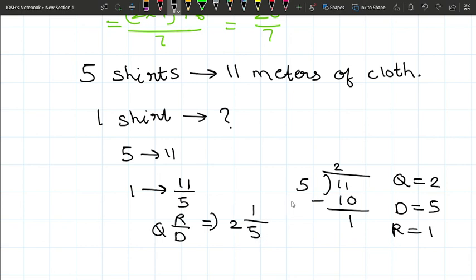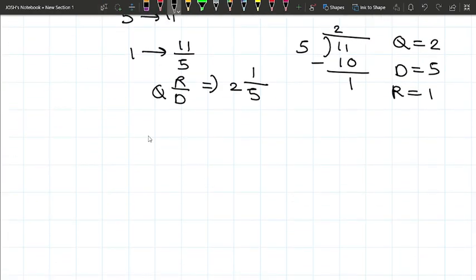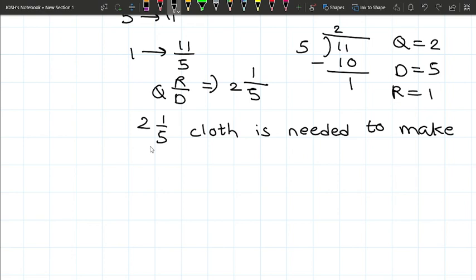So 2 1/5. This much cloth is needed to make one shirt. So I hope you get this. Thank you.